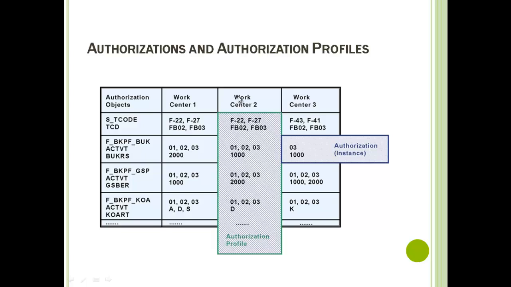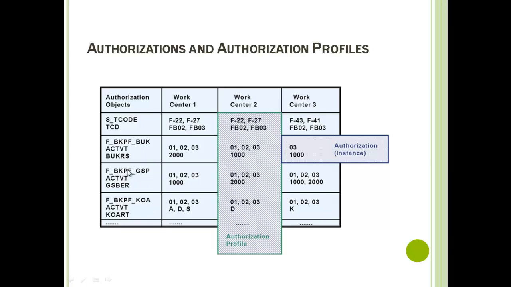Let's take work center 2 for example. Let's assume this is our authorization profile. If we assign these authorization objects in this combination, then we will have transaction codes F-22, F-27, FB02 and FB03 with the effective authorization to create, change and display for company code 1000.